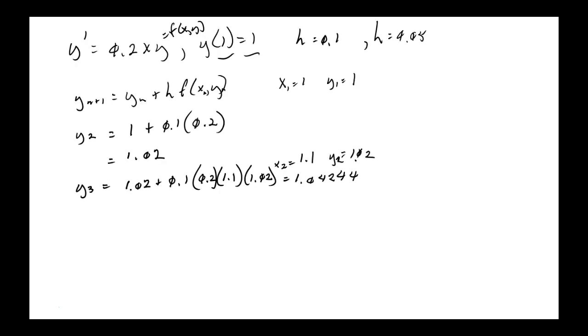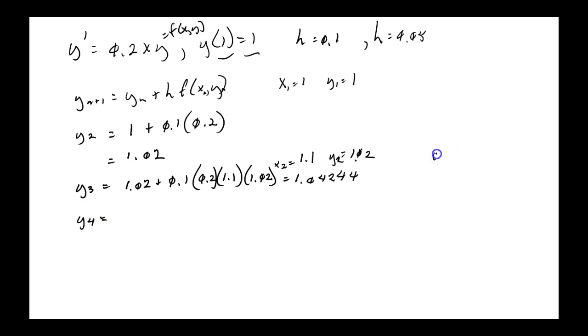Not getting the same thing the book did, which is sort of disturbing. Oh, I did. Right there. Yeah, got it. This is their y sub 3. They got 1.02 for y sub 2. Y sub 1 was 1. Y sub 2 was 1.02. Y sub 3 is 1.04244. Okay.